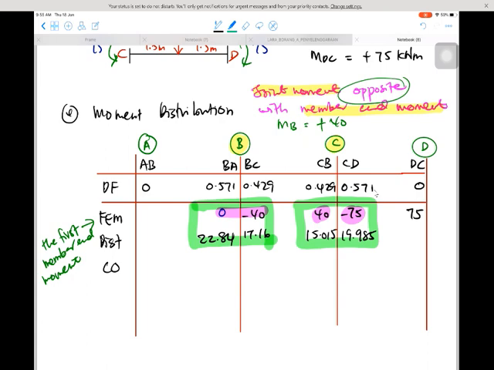The next step after distribution: remember in the table we only do two things. We distribute and we carry over the value. In the distribution step, we distribute the joint moment using the distribution factor, and after that we carry over the value.